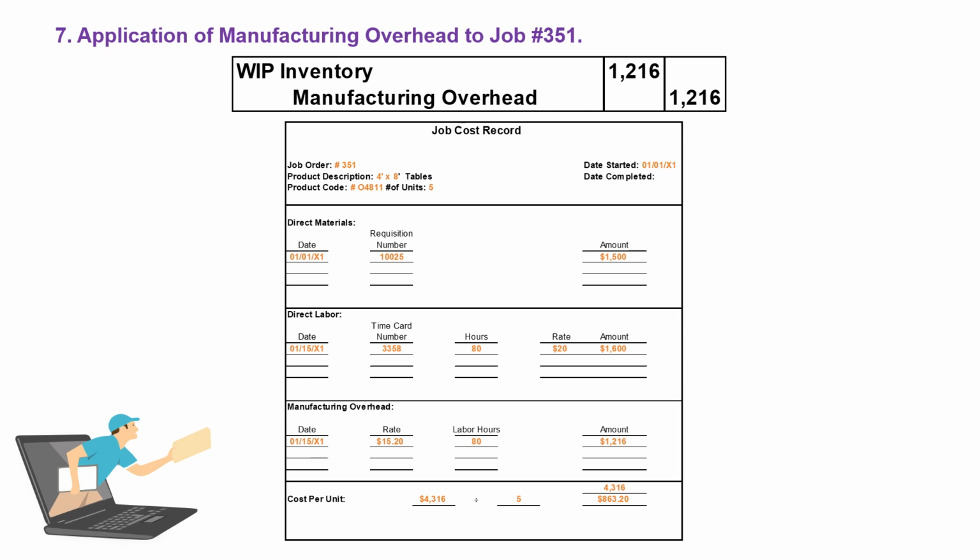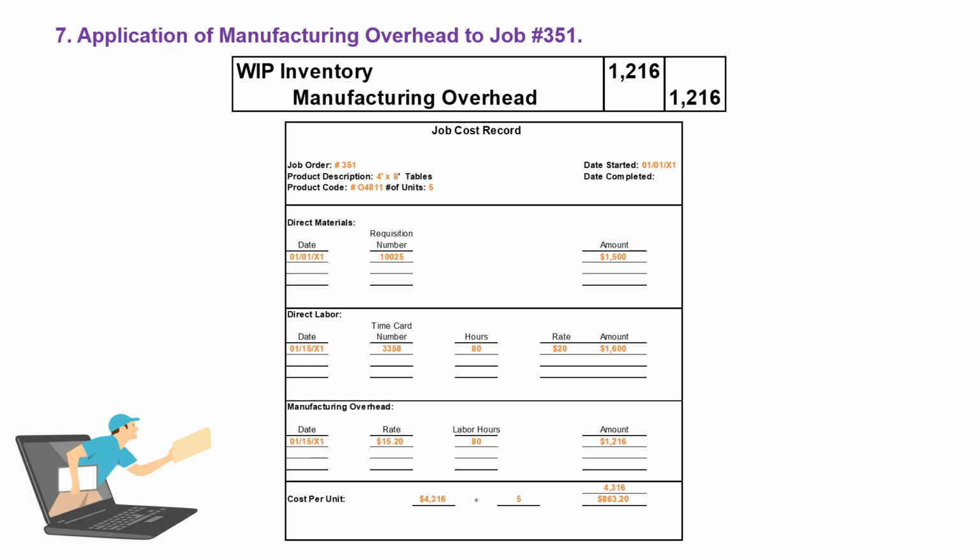Since we've made this entry, we have to go to a job cost record or sheet, and we'll go to job 351. On job 351, we have this area for manufacturing overhead. We're going to apply manufacturing overhead, which is a process of estimation, at about $15.20 for every direct labor hour, and we got our direct labor hours on January 15, X1, when we processed the time card.